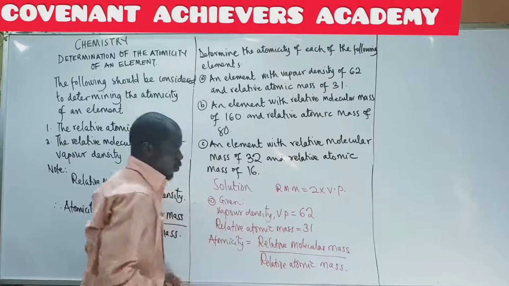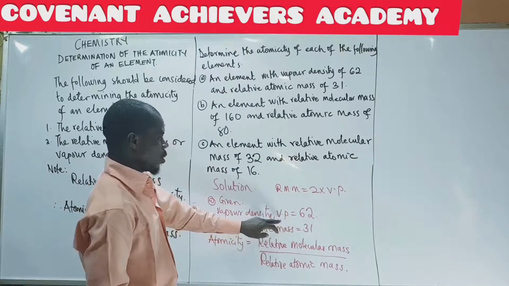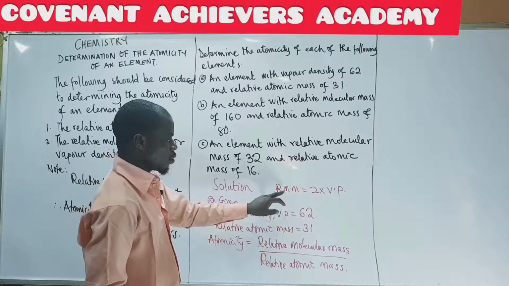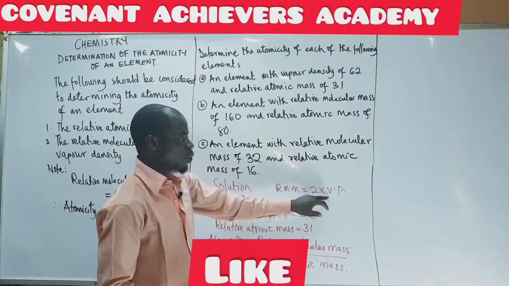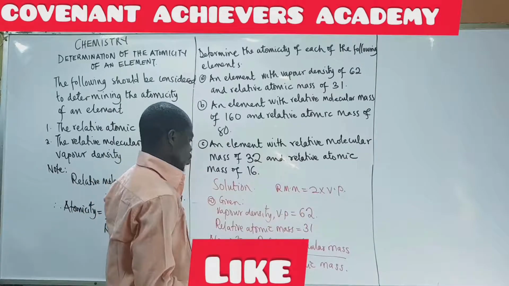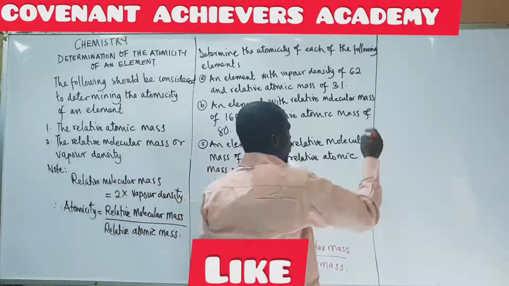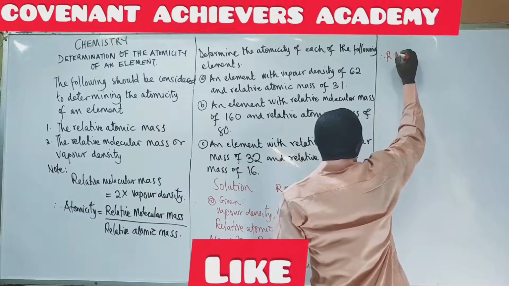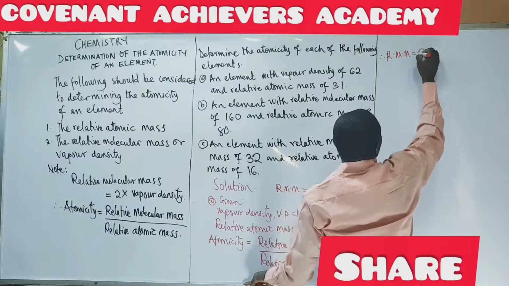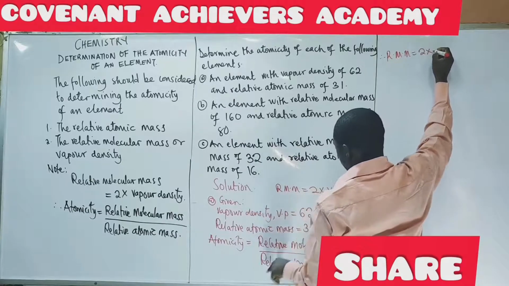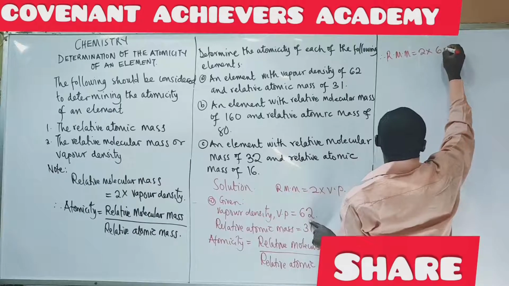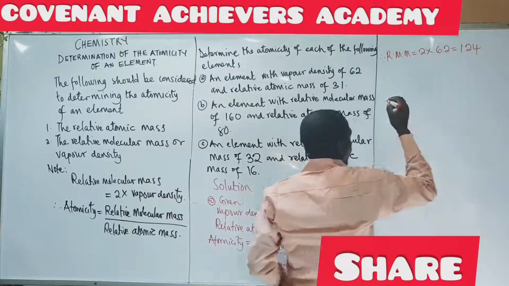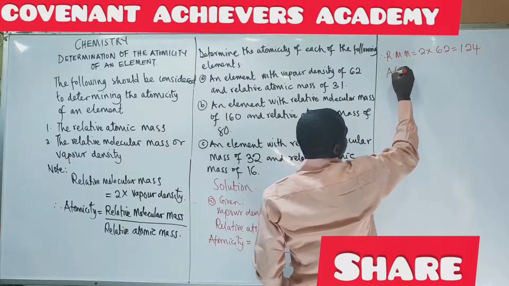Now, the relative molecular mass can be determined from the vapor density that was given here, and that is relative molecular mass equals 2 multiplied by the vapor density. So therefore, we can determine the relative molecular mass. Relative molecular mass is 2 times the vapor density that we are given here, which is 62, and that gives us 124.